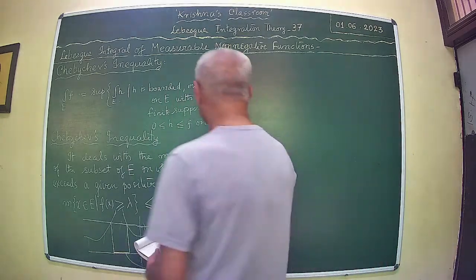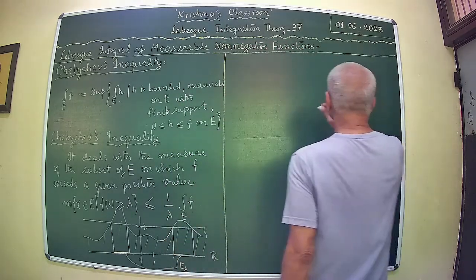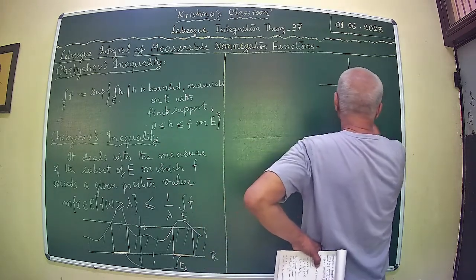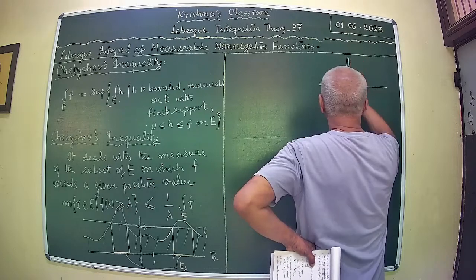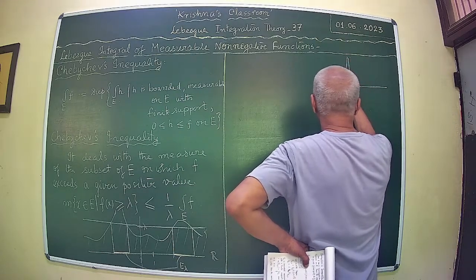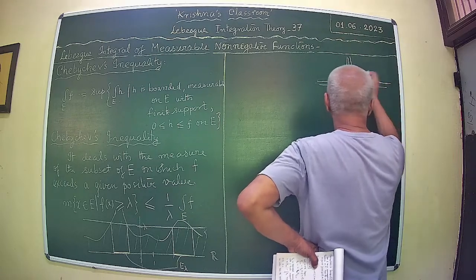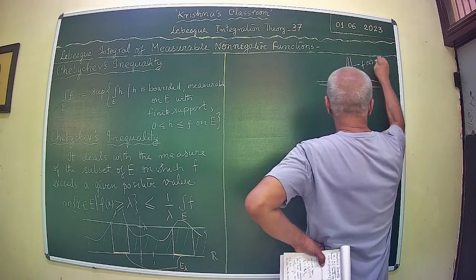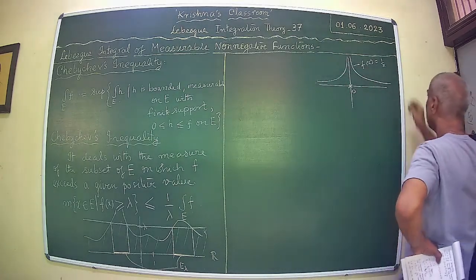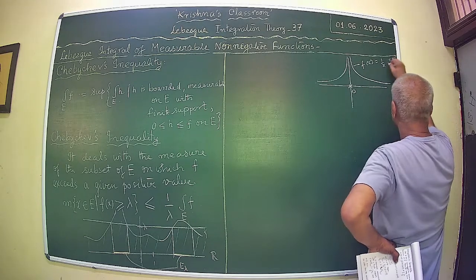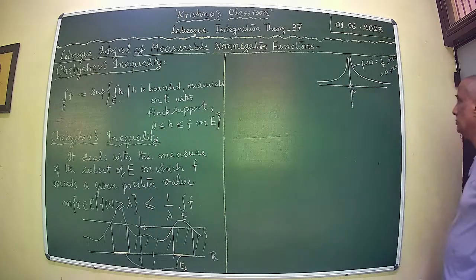Okay. For example, I'll give two examples. One, all the three scenarios. Take this function. This is f(x) equal to 1 upon |x| for x not equal to 0 and equal to 0 at x equal to 0.